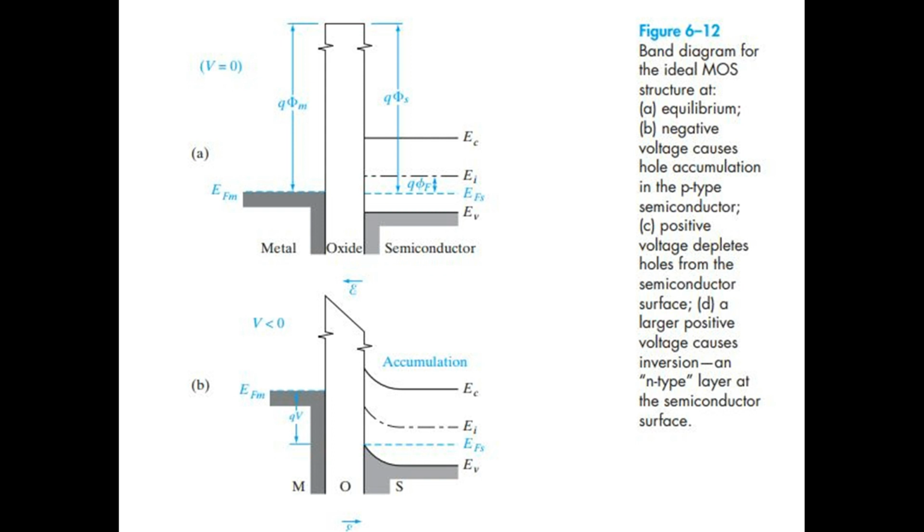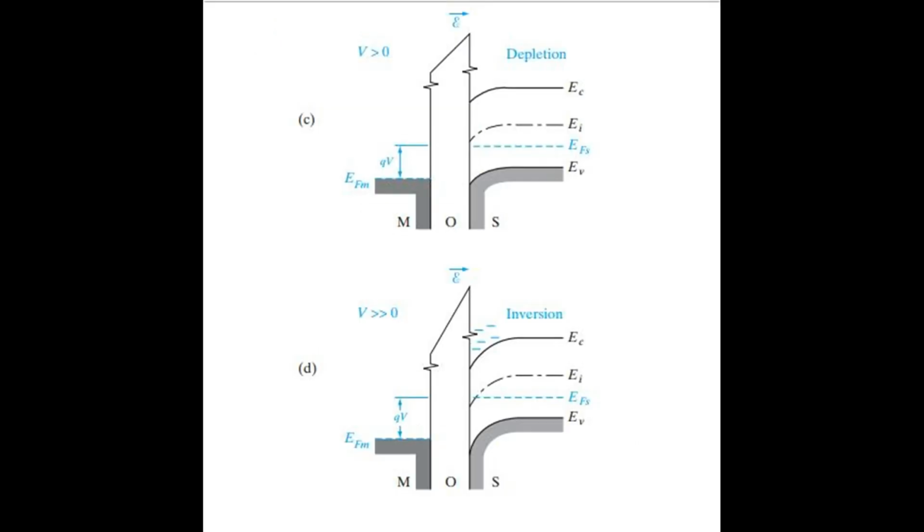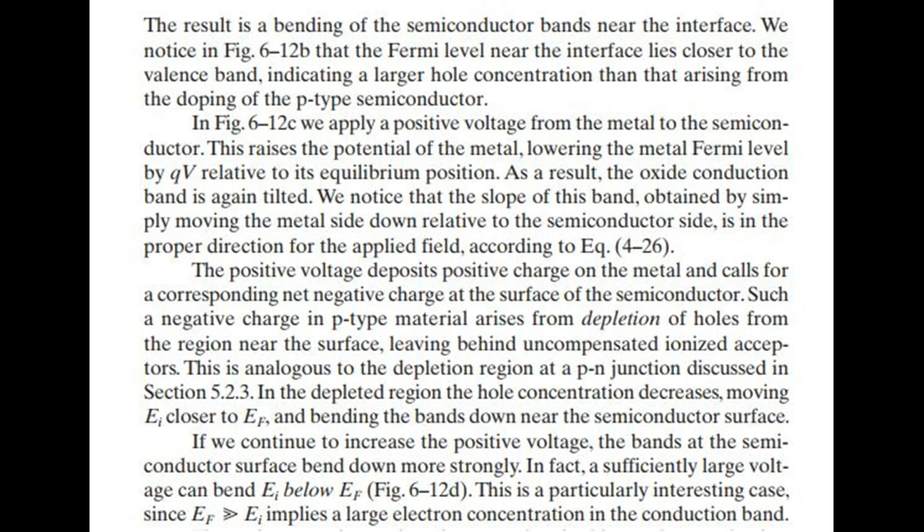In Fig 6.12c we apply a positive voltage from the metal to the semiconductor. This raises the potential of the metal, lowering the metal Fermi level by qV relative to its equilibrium position. As a result, the oxide conduction band is again tilted. We notice that the slope of this band, obtained by simply moving the metal side down relative to the semiconductor side, is in the proper direction for the applied field, according to Eq. 4.26.